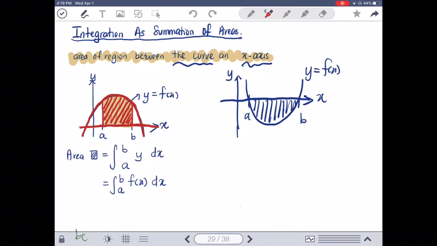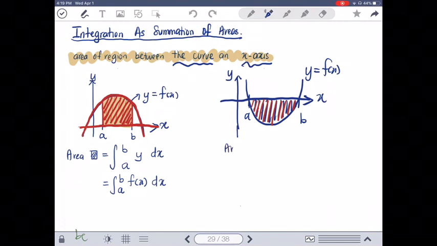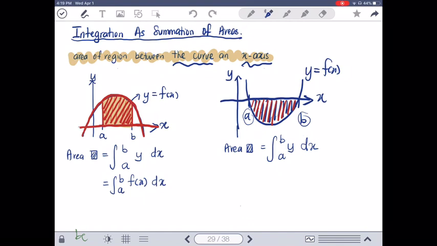Again, if we want to find the area of the shaded region, we need to integrate the function y from boundaries a to b with respect to x, because the boundaries lie on the x-axis.